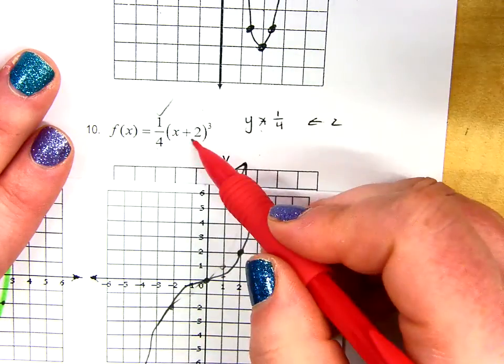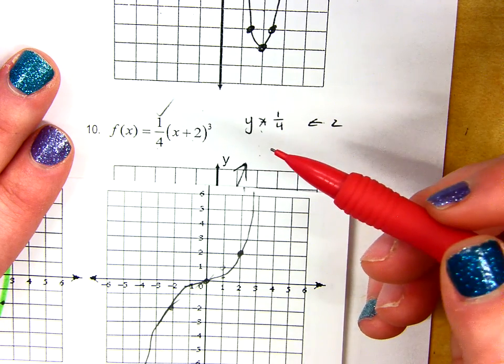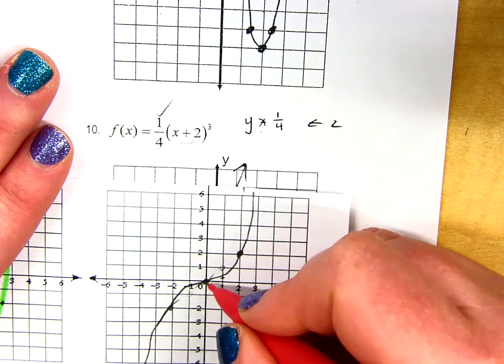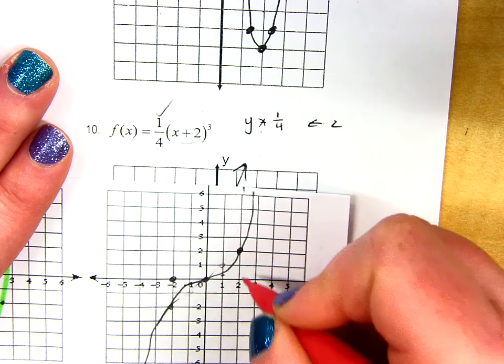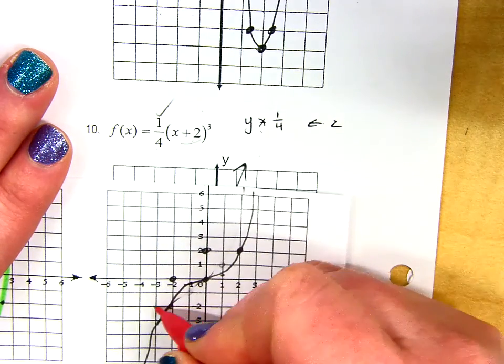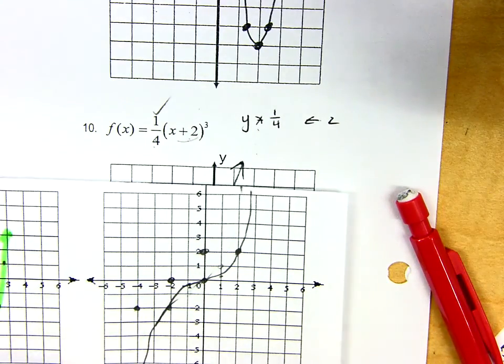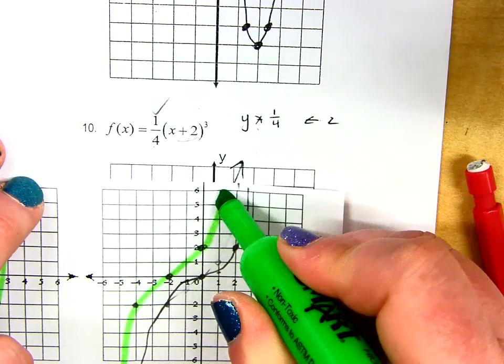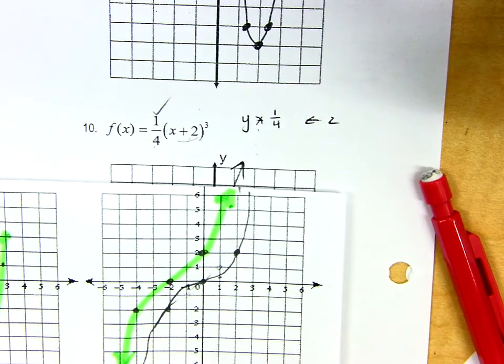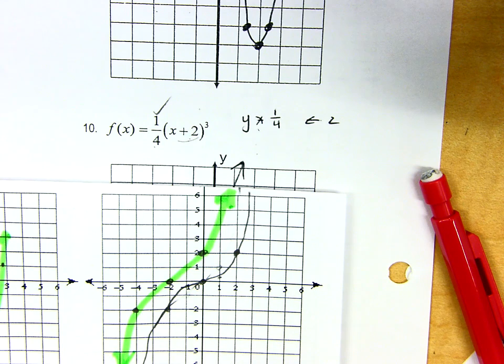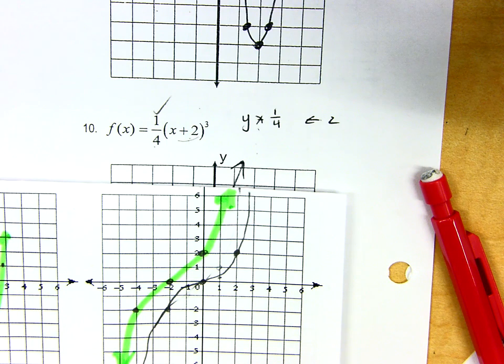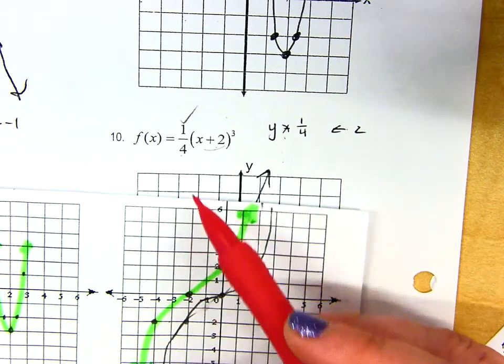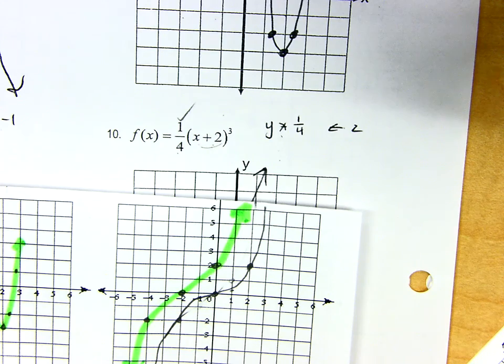Check. And now all I have to do is go left 2, and I'm done. So, final graph. Pick a nice point, pop it in, make sure it's right. If I take negative 2 and I throw it in there, I should get out a 0. By golly, I do.